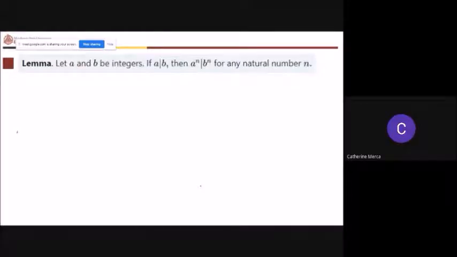This one actually is a lemma. Its proof needs the principle of mathematical induction. So, let's see. Use the mathematical induction, which was discussed in a previous video clip.